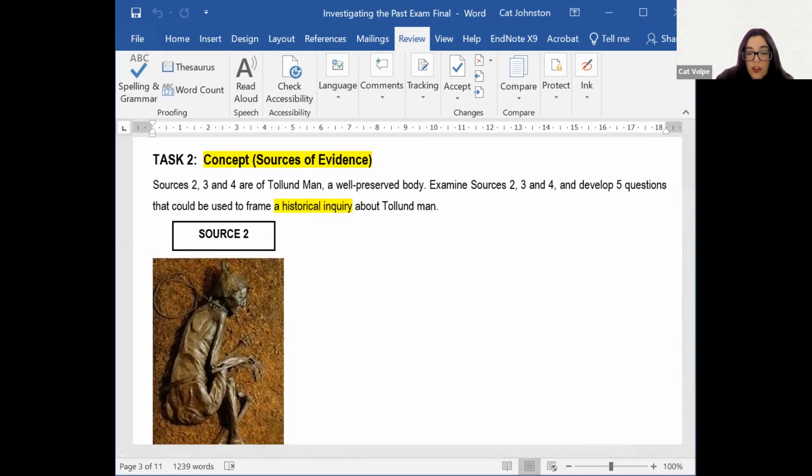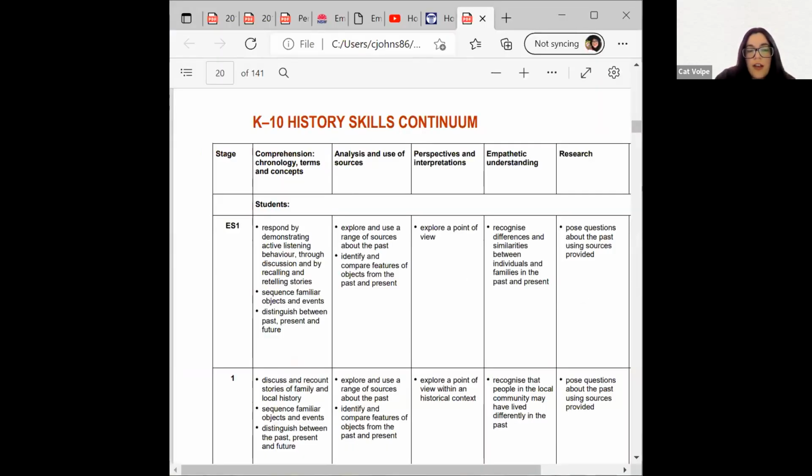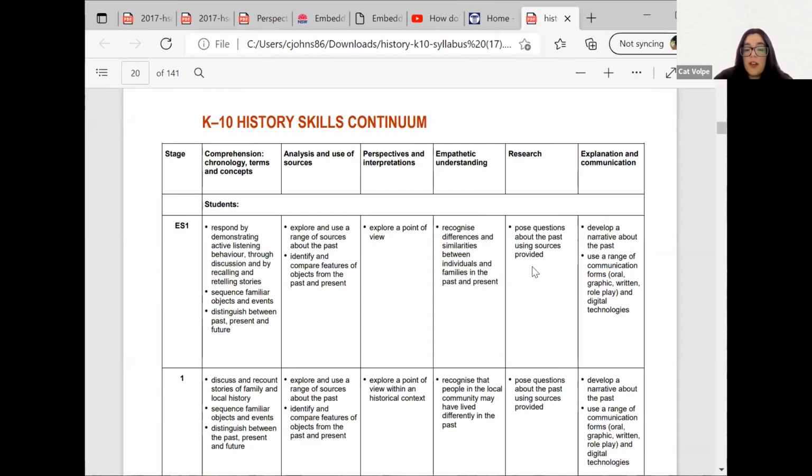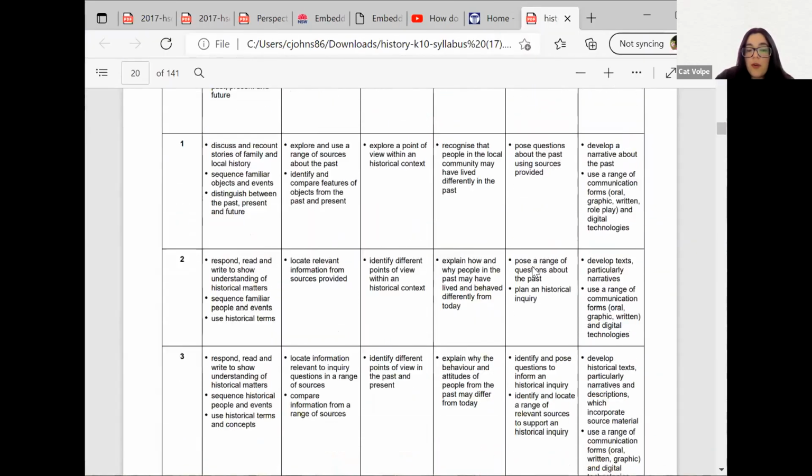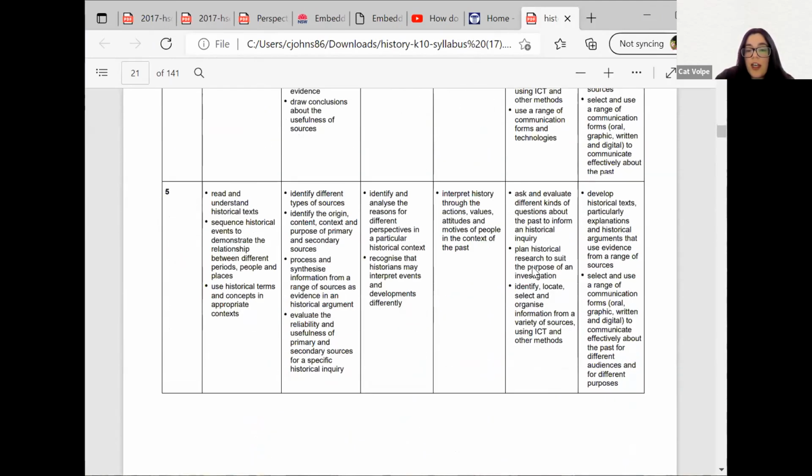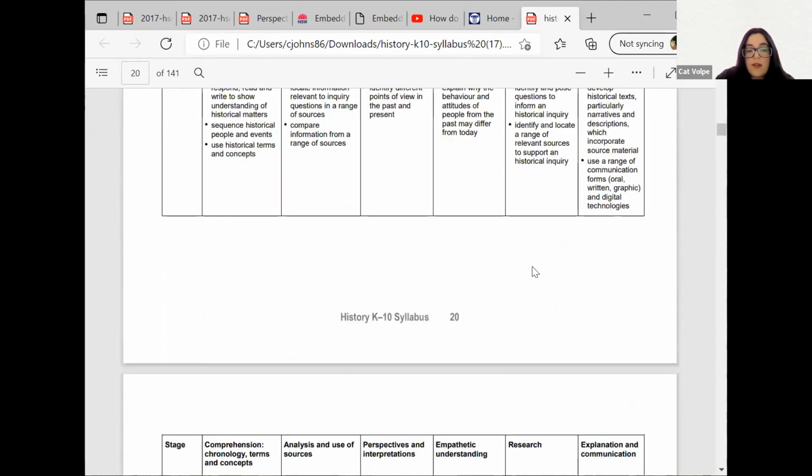So if I just show you the history syllabus, we know that in early stage 1, students are posing questions, okay? And they're doing that straight through, obviously, up until stage 5, okay?